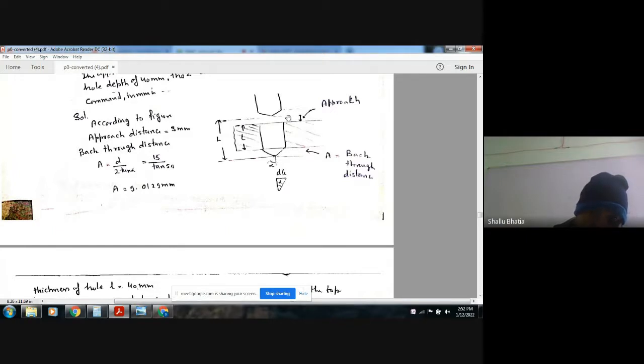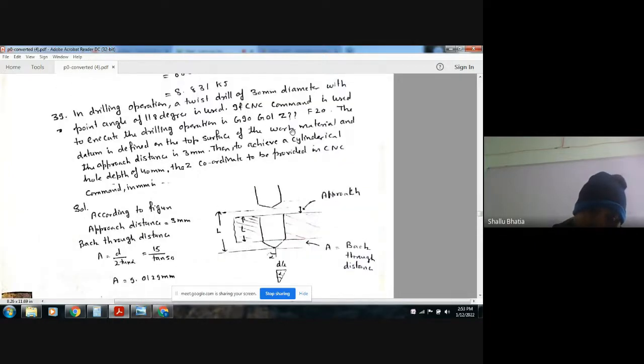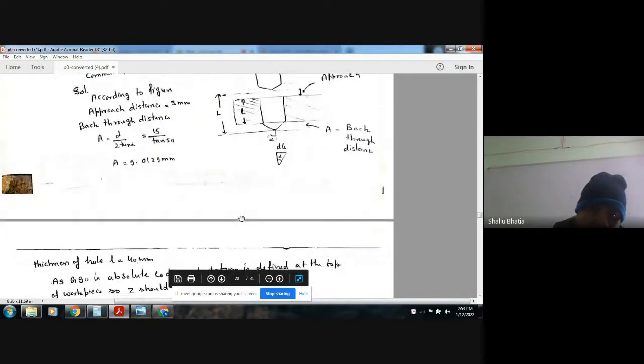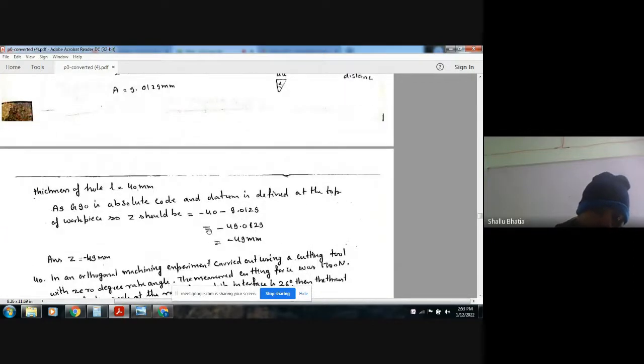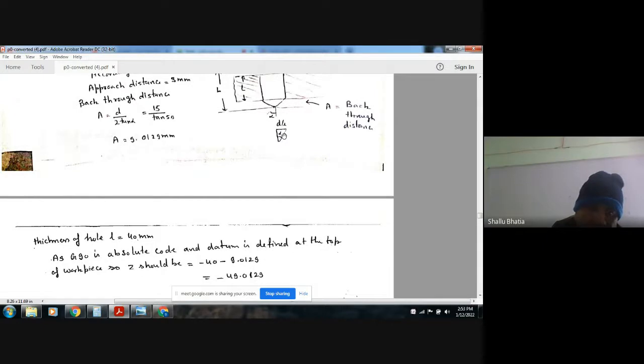The absolute code is given, not the incremental code. If the incremental code is given, then you take this distance. But here the absolute code is given, so the answer will be minus 40 plus this distance, so the answer is minus 49.